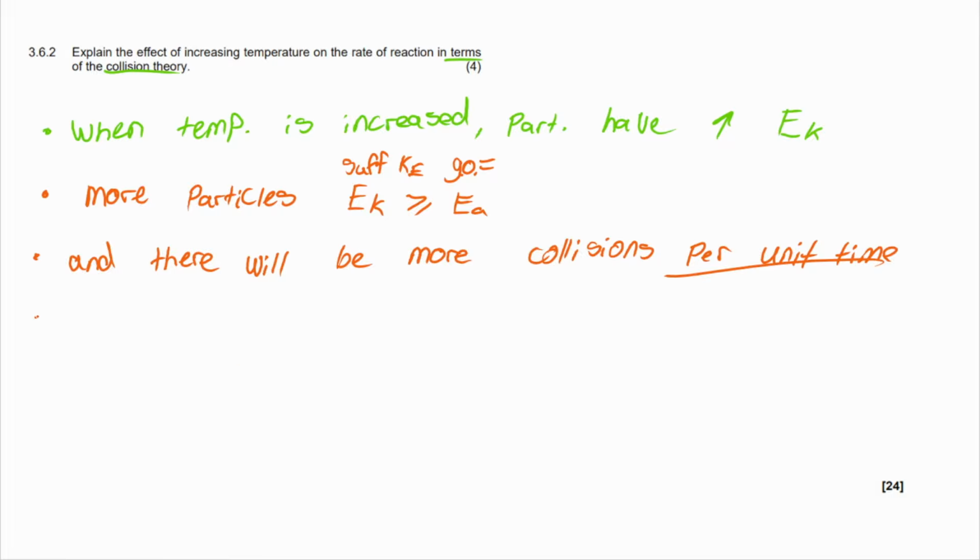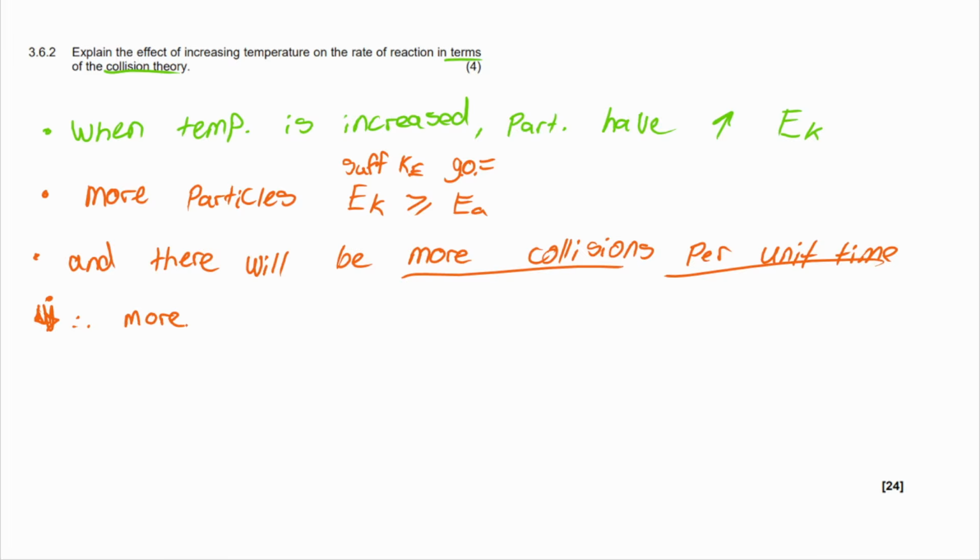I haven't seen this before. Normally over here we would just say therefore rate of reaction will increase. But what the memo has done here is say both factors increase the number of effective collisions per unit time. Normally after saying there would be more collisions, we would say therefore there will be more effective collisions per unit time.